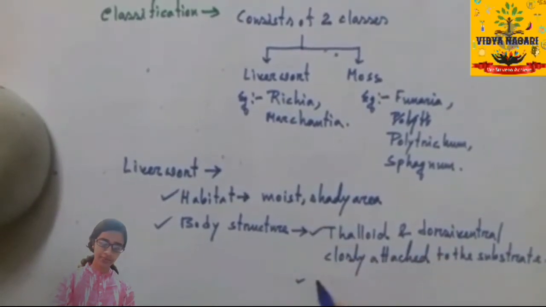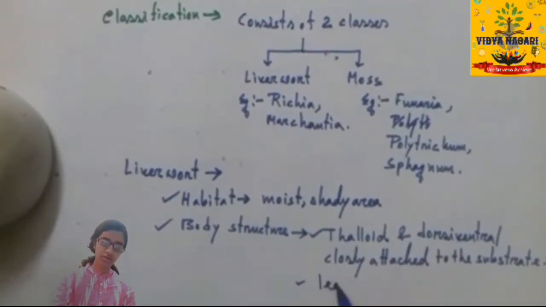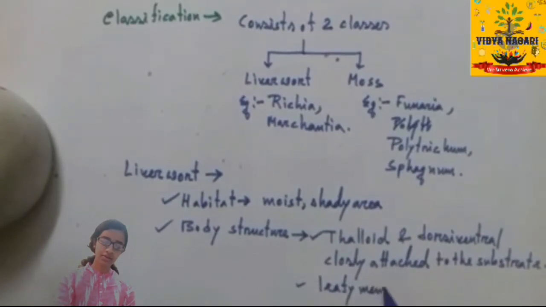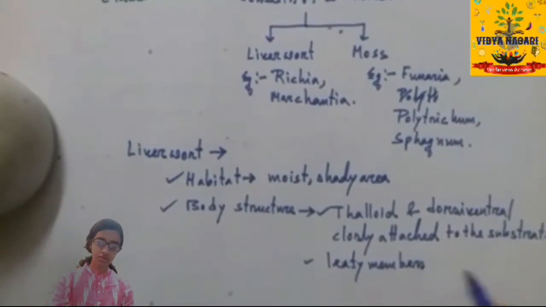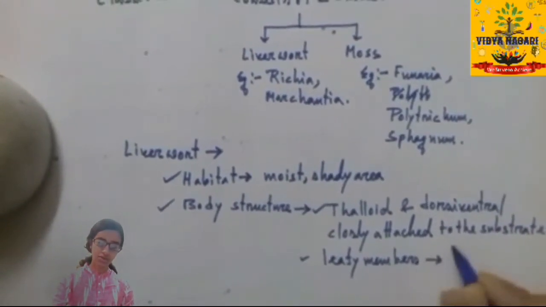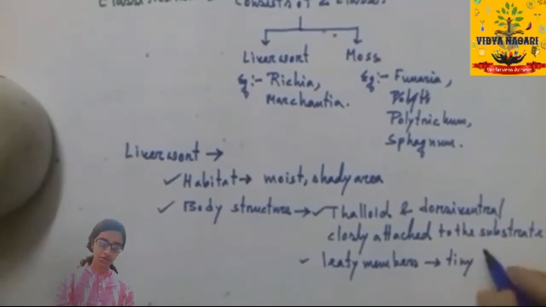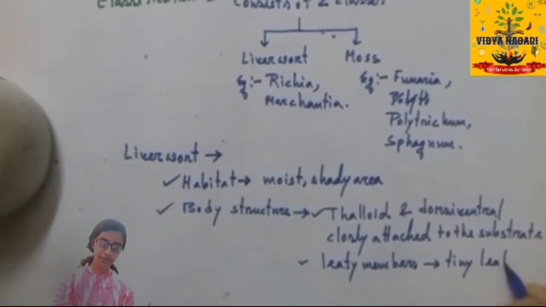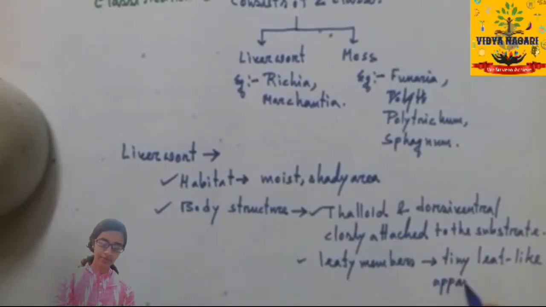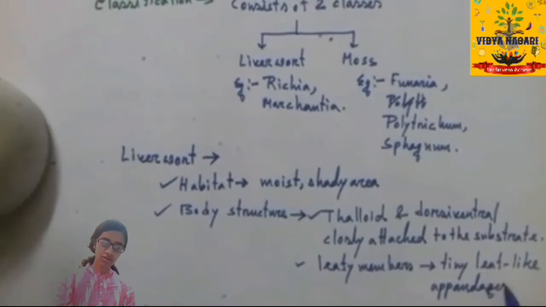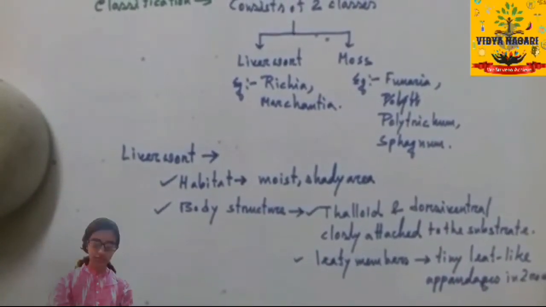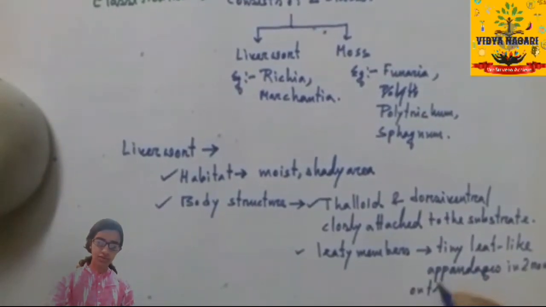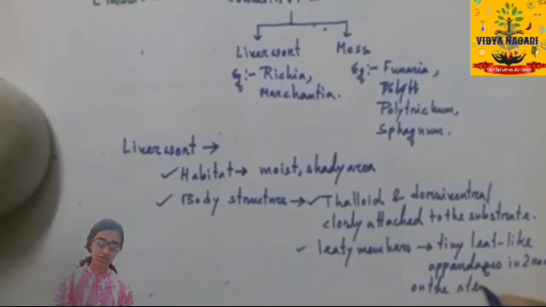They have leafy members, which are tiny leaf-like appendages in two rows on the stem-like structure.